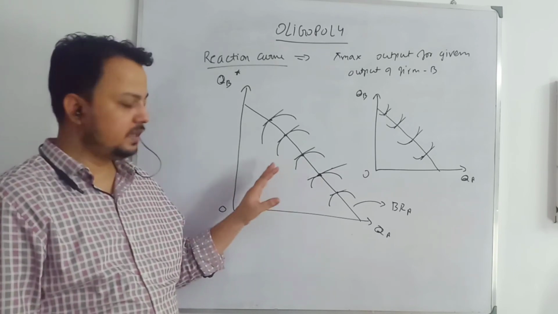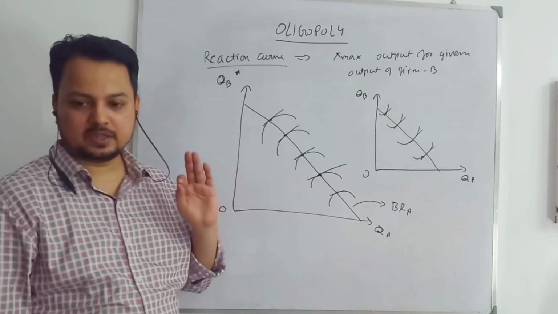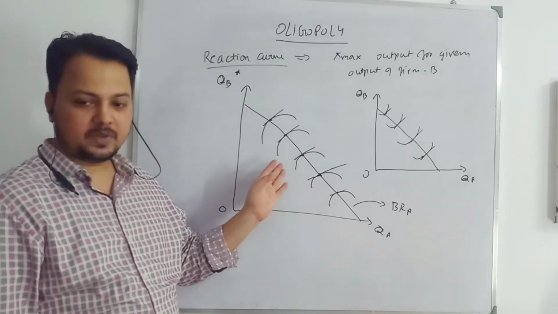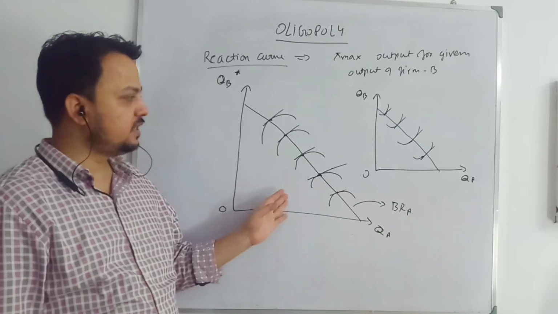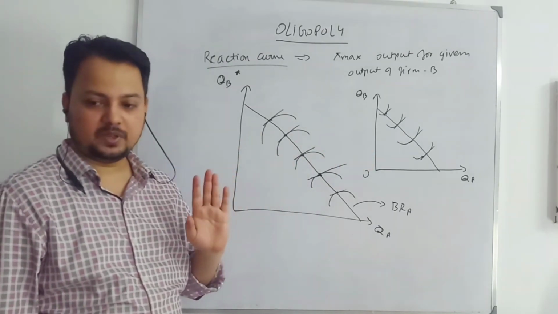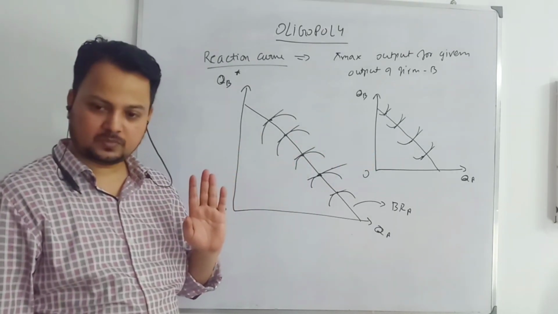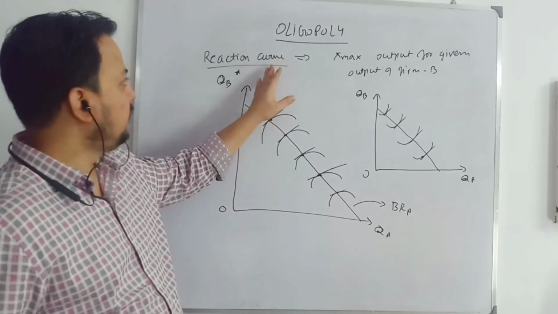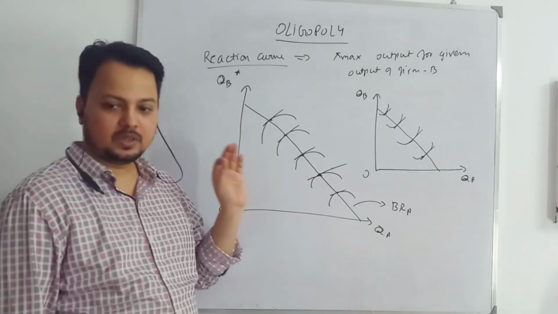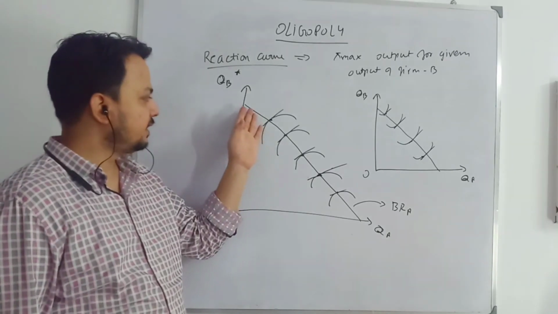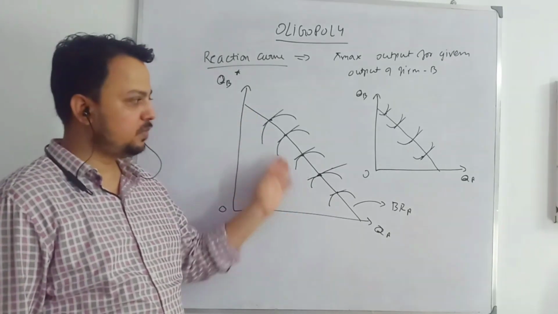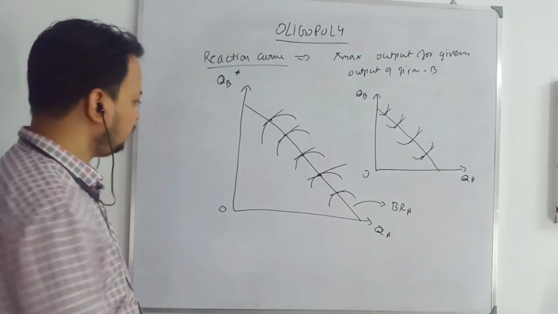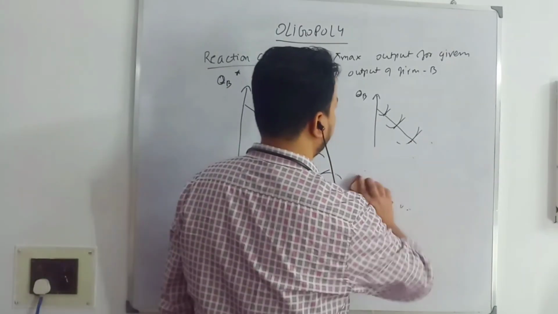The condition for stable equilibrium is that the reaction curve of firm A must be steeper than the reaction curve of firm B. We will have a stable Cournot equilibrium only when the reaction curve of firm A is steeper than the reaction curve of firm B. Let me draw it.